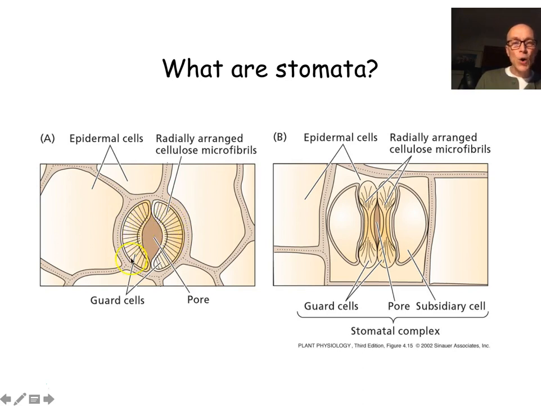And that allows the opening of the stoma. Because they're constrained here and constrained here, they actually open up. And when they are flat, when there's no water around in the plant, when the plant needs to close the stomata, then they just sort of collapse. And when they collapse, they close this pore here. So that's how stomata work.